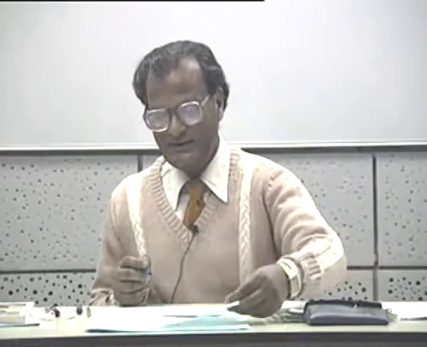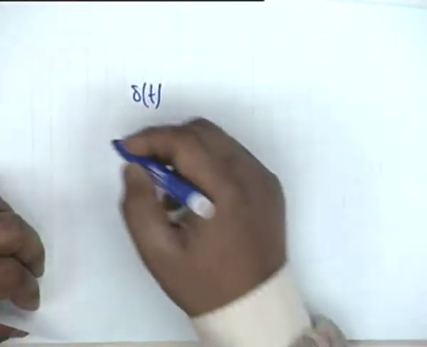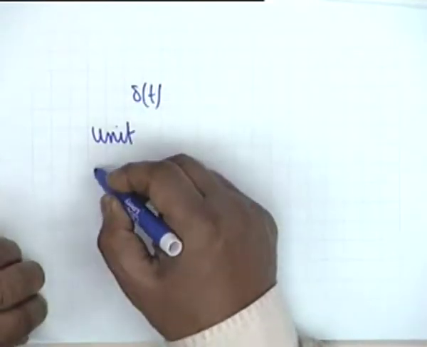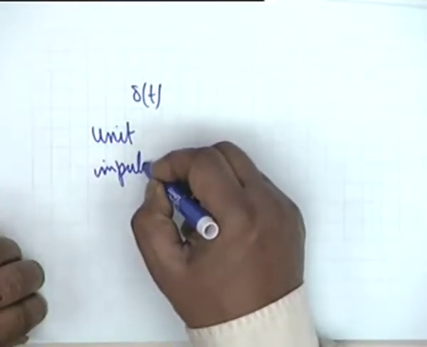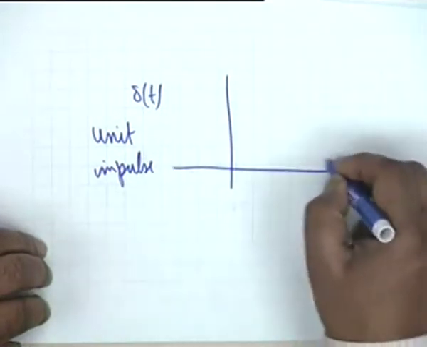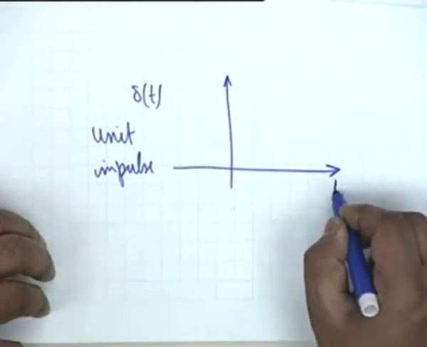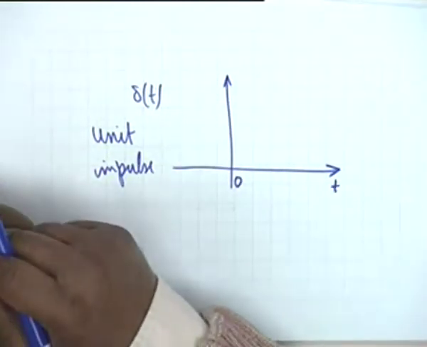And in this context we define a quantity known as unit impulse. A unit impulse delta t is represented by an arrow here, occurring at t equal to 0. Just an arrow.